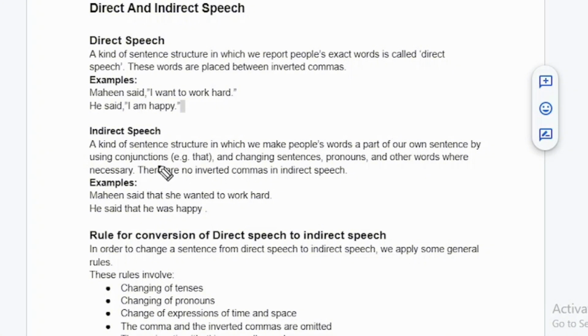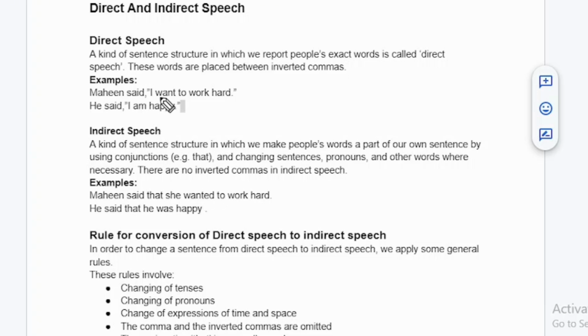In the first there was "I," and we changed it to "she" because Maheen was a female. She wanted to work hard, so "want" is converted into "wanted."